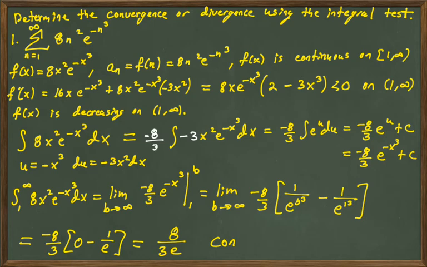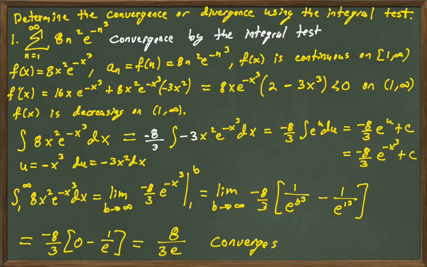It's a constant, so we can say that this improper integral converges. And so the series is going to do the same thing as the improper integral. Both the series and the improper integral are going to do the same thing. Since we know the improper integral converges, the series will also converge by the integral test.